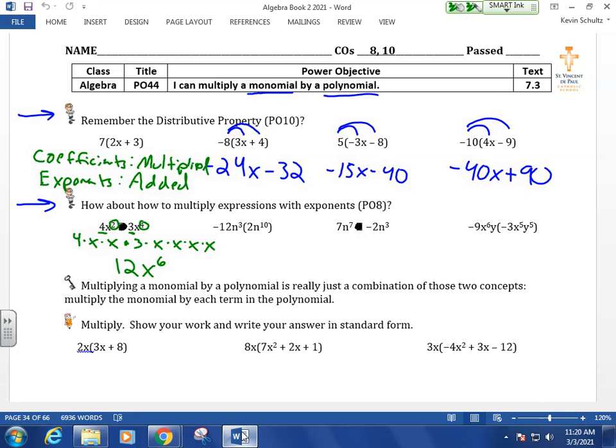So looking at that next one, negative 12n cubed times 2n to the 10th, we've got our coefficients of negative 12 and 2. They multiply to be negative 24. Our exponents, 3 and 10, get added, and we get n to the 13th.